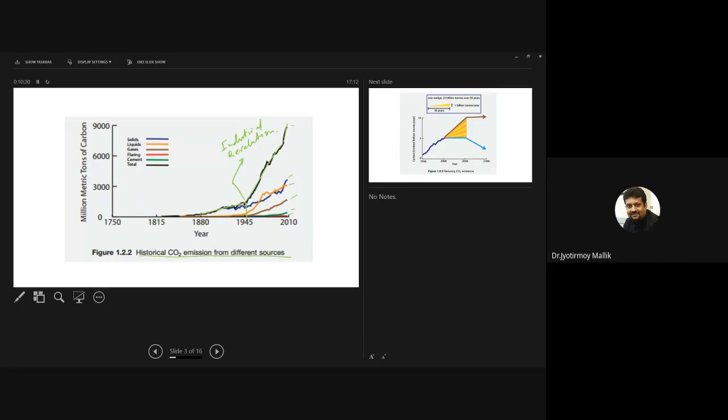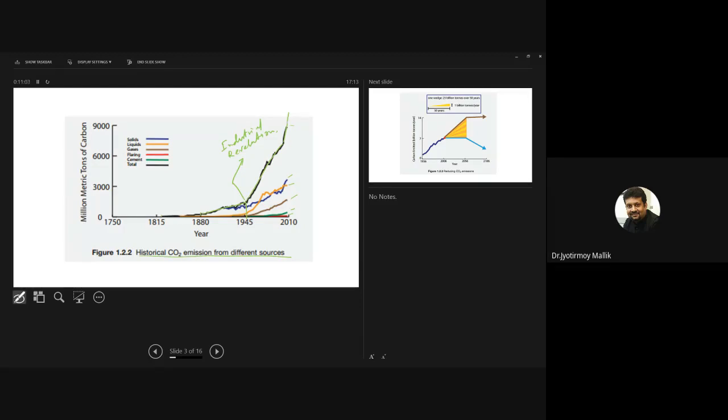So that means, as we have started using these fossil fuels, and as our life all over the world has been becoming more and more dependent on machines, which need fossil fuels to be burned, we also see a considerable peak in carbon dioxide emission, right? And this keeps on increasing.